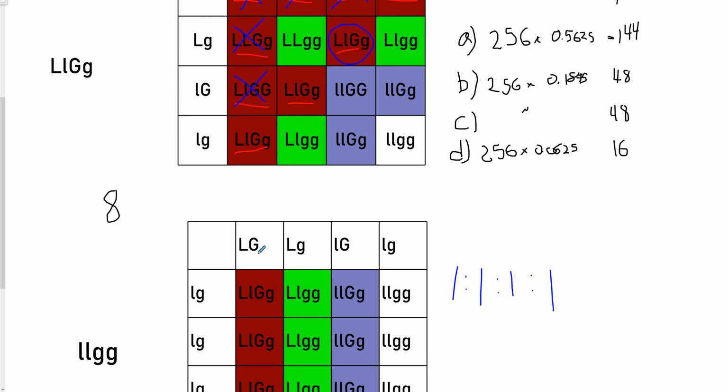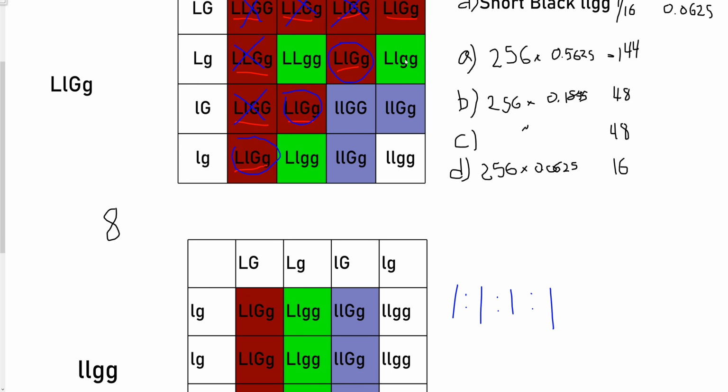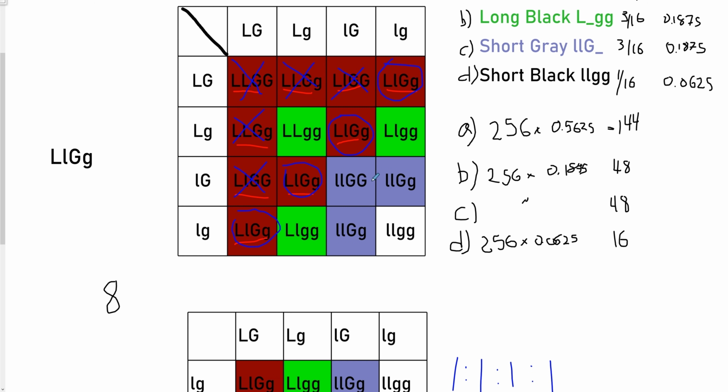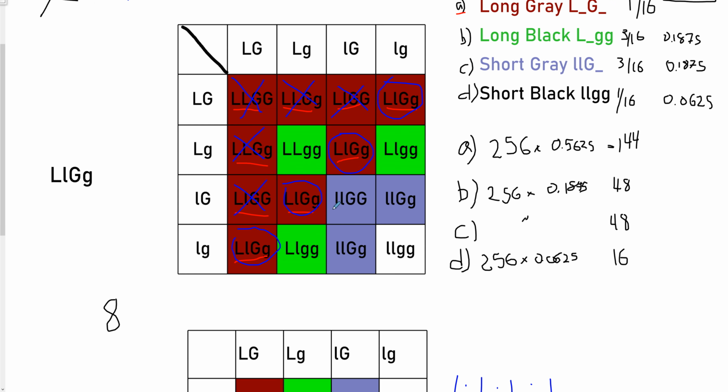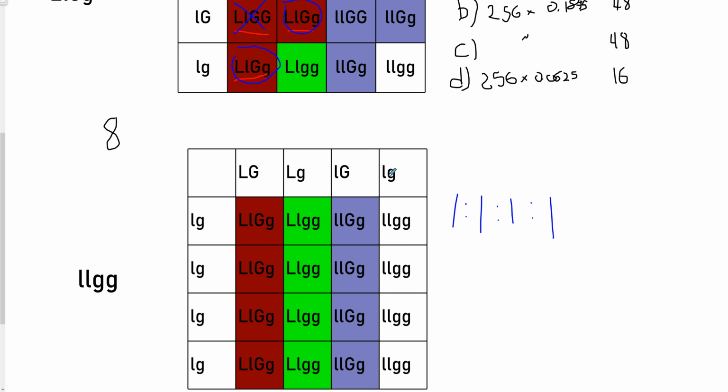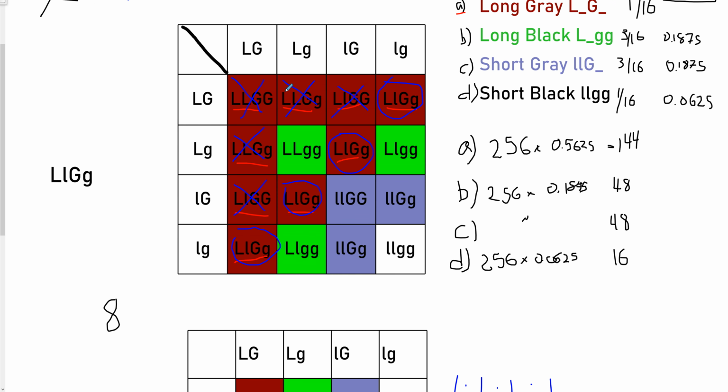So the question is really asking us, and this is a doozy, what's the probability that one of your long gray flies will have offspring that do this pattern? Well, how many long gray flies are there total? There are 9. And how many of them have the genotype that lets us do this? 1, 2, 3, 4.